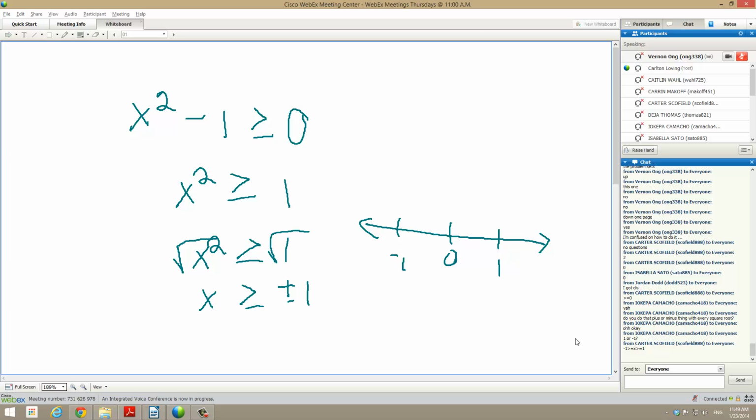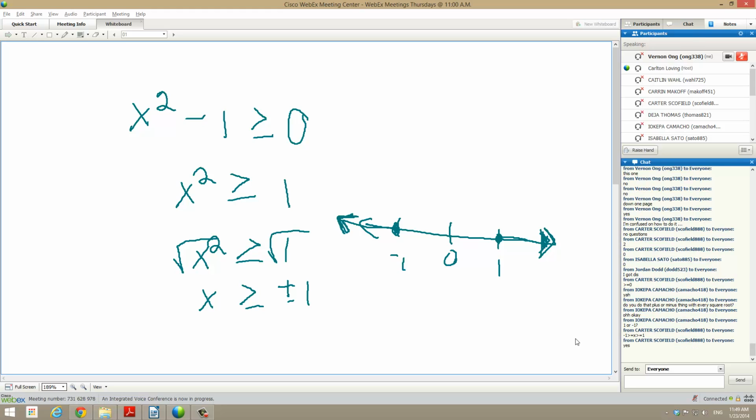So we should make x like this. Okay. Is that what you're saying, Carter? That graph that I just drew?